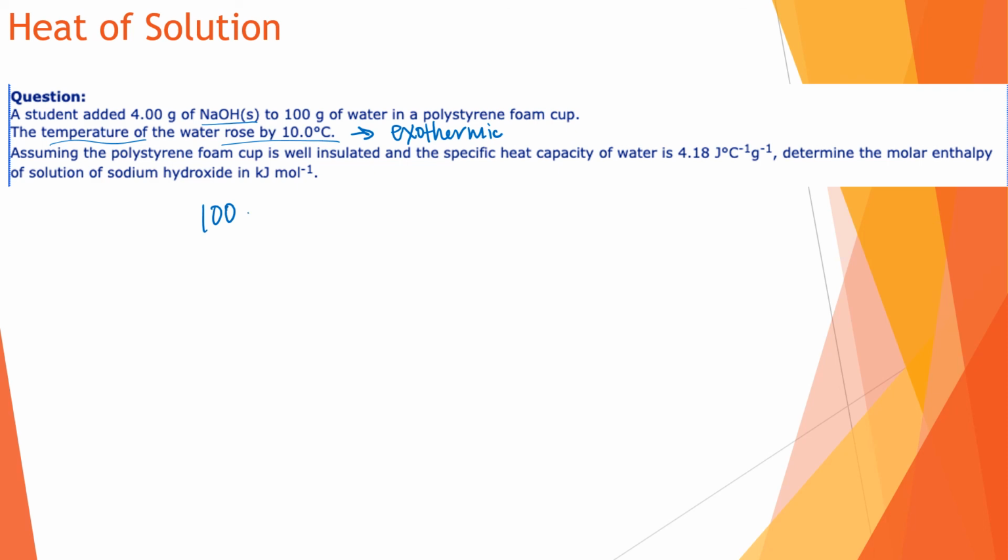We figure that out by doing 100 grams of water times the specific heat times the change in temperature, which was 10 degrees Celsius. So that gives me 4,180 joules. It asks for the heat of solution in kilojoules per mole, so I'm going to change this to 4.18 kilojoules.